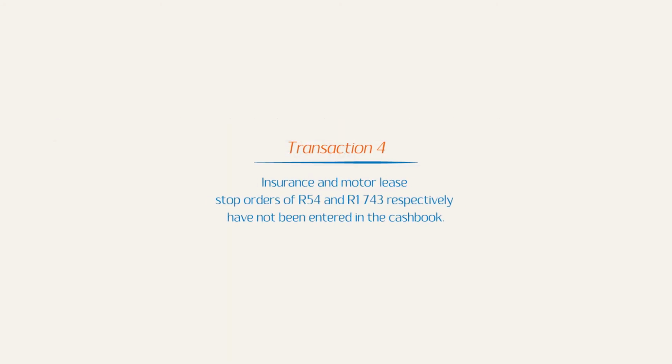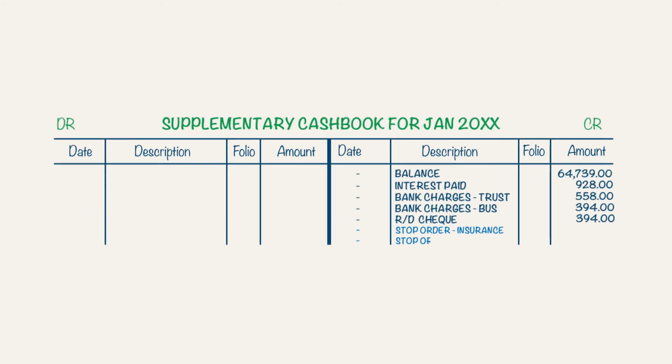Transaction 4. Insurance and motor lease stop orders of R54 and R1,743 respectively have not been entered in the cash book. Apply the rule: debit the receiver and credit the giver. Insurance and motor leases are both expenses, so you will credit the supplementary cash book as you are giving money to pay these expenses.